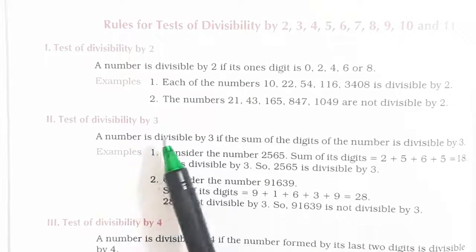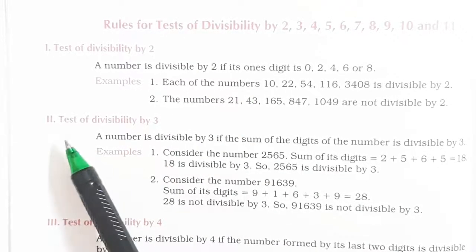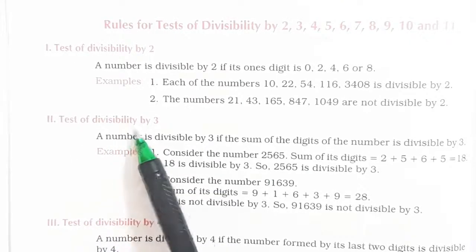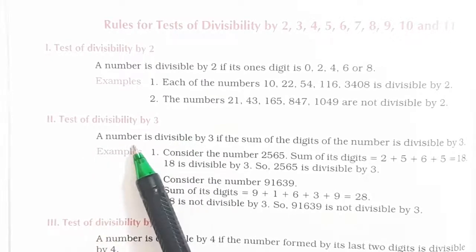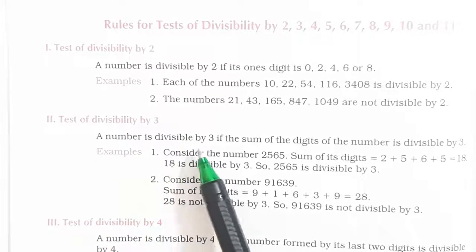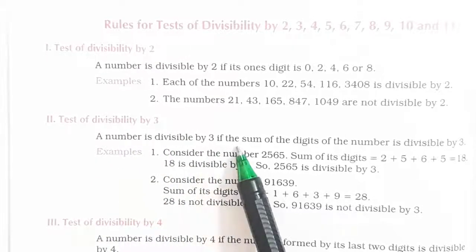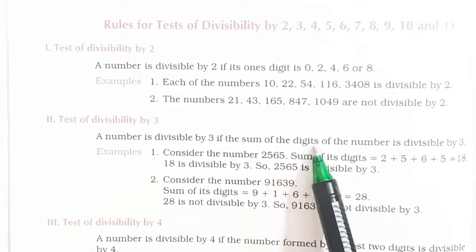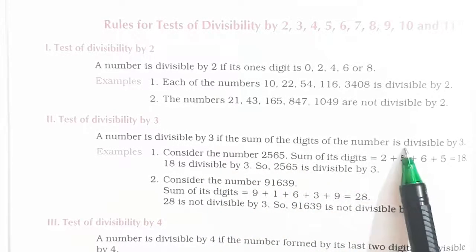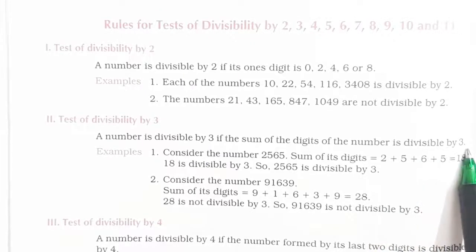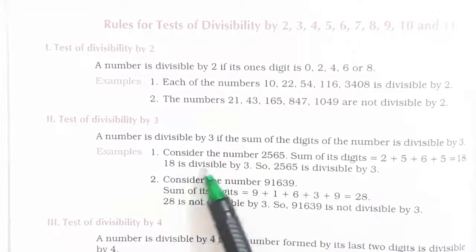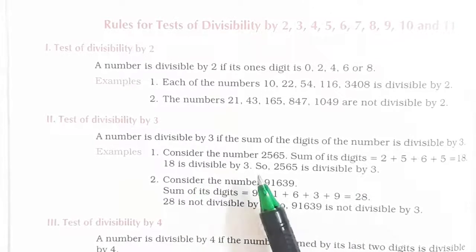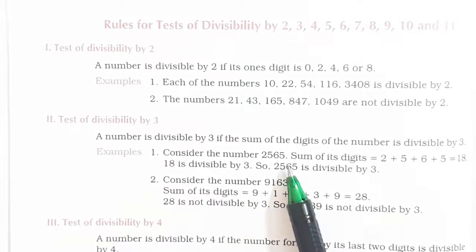Now let us move to second, that is test of divisibility by 3. A number is divisible by 3 if the sum of the digits of the number is divisible by 3. So students, it is very easy. Let us consider a number 2565.